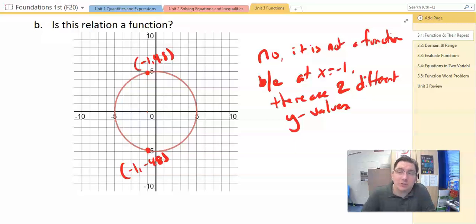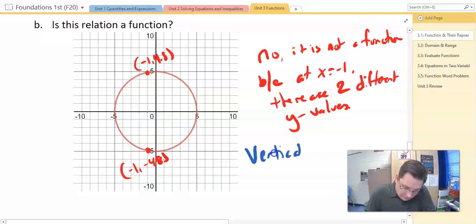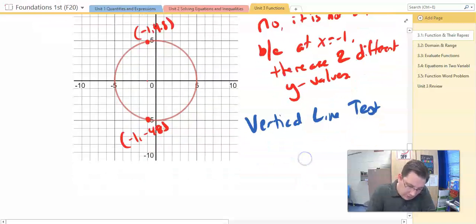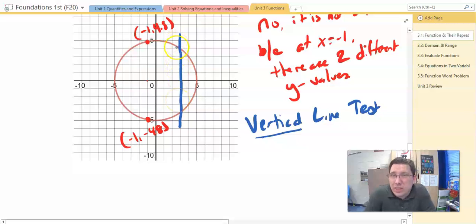Now, we have a test for this, and we're going to talk about it a little bit here, and we'll talk about it more as we go through. It's called the vertical line test. The vertical line test tells us that if I can draw a vertical line through the relation and touch it more than once, then it's not a function.